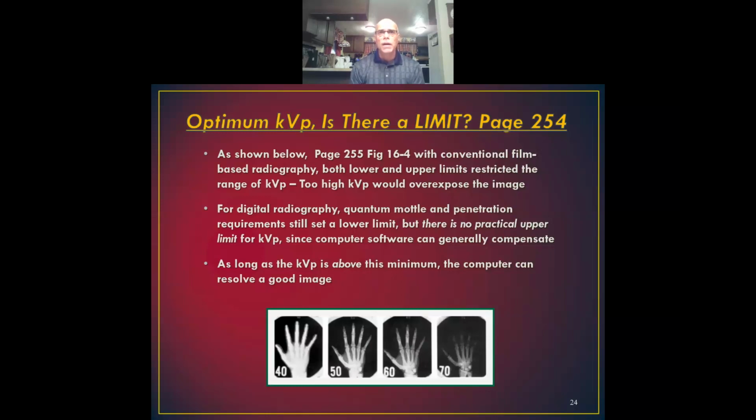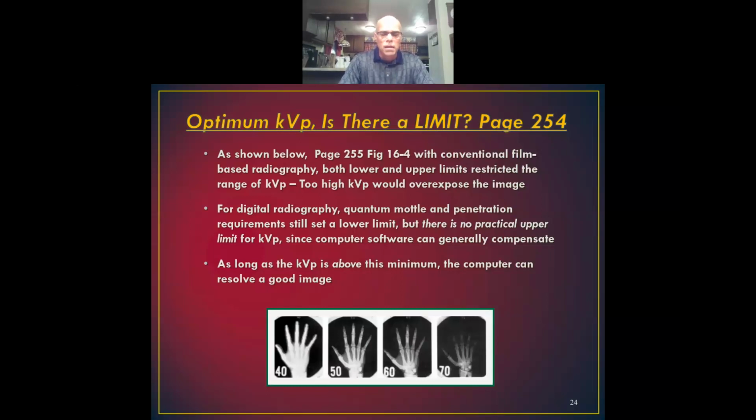When you know that you have penetrated the anatomy, the IR is receiving that energy, that KVP. DR systems love energy. Usually, the more energy you give it, the better your pictures are. But there is a lower limit on digital radiography, so that minimum KVP has to be hit in order to produce a good image. As long as the KVP is above the minimum, the computer can resolve a good image.